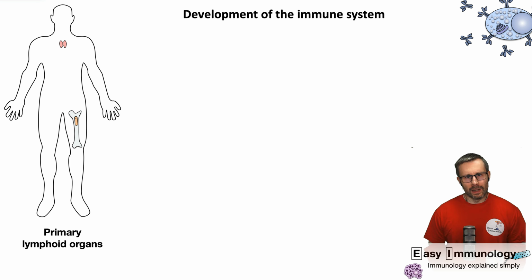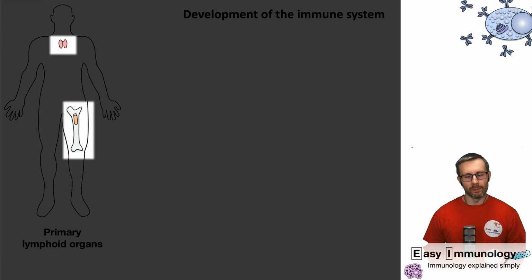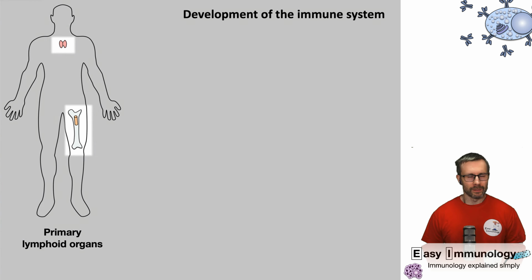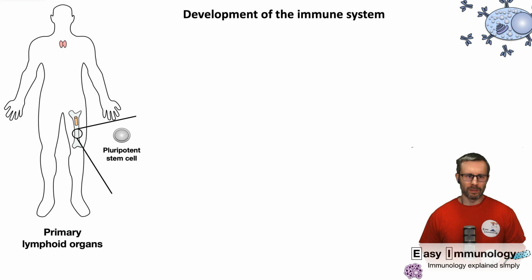And all the cells of the immune system develop in so-called primary lymphoid organs. We will look at this in much more detail in later lectures, but basically, if you are a grown up, you have two primary lymphoid organs: the bone marrow and the thymus. And in the bone marrow, we have so-called pluripotent stem cells.